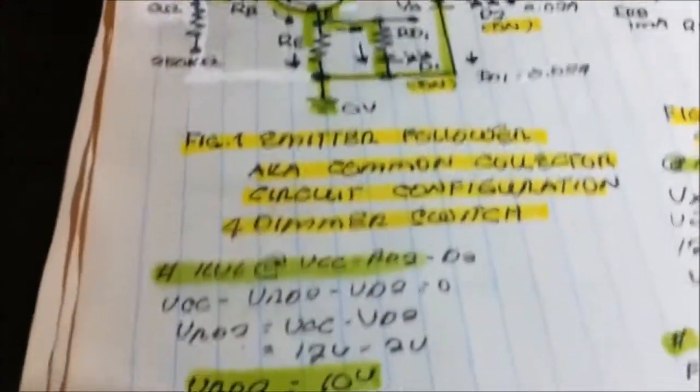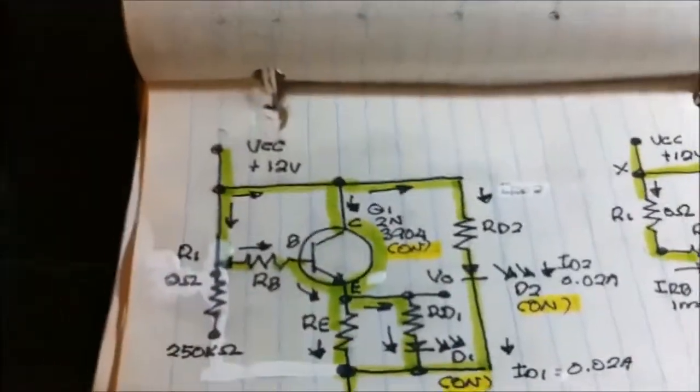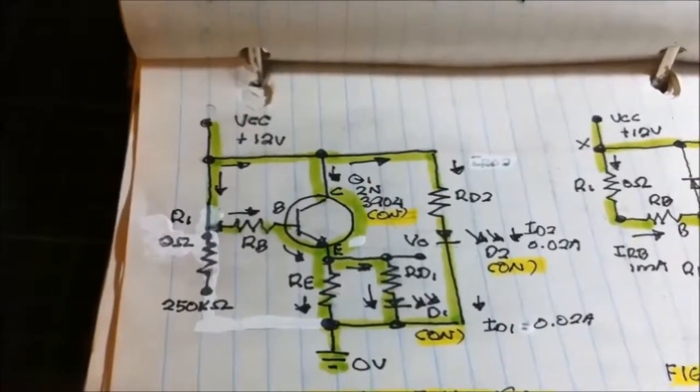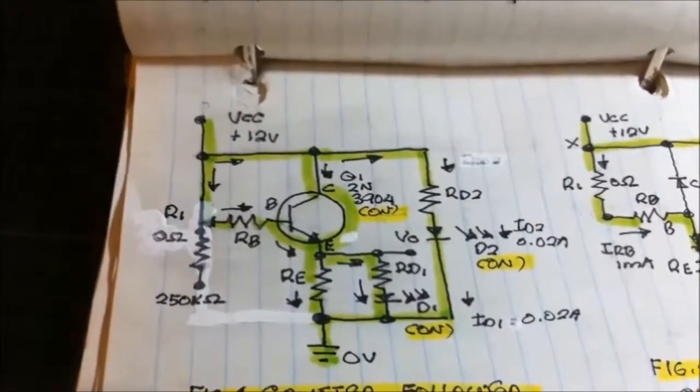Let us now see the operation of the circuit. If this is an emitter follower, what makes this an emitter follower?